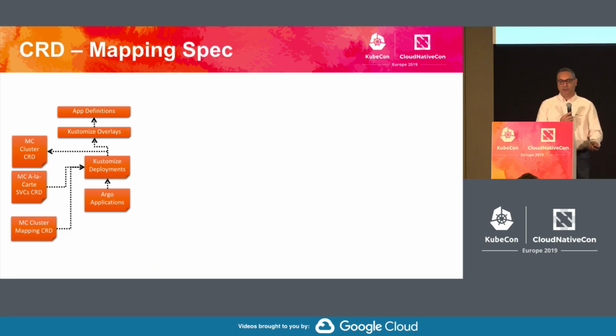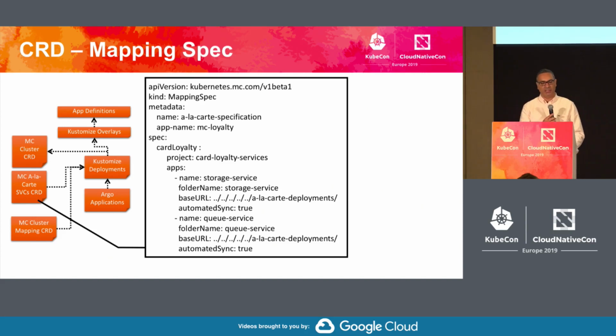So, mapping. This is the other part of the equation. What we're doing here is saying, what applications, what à la carte services you want to bring as part of your own definition. We have the à la carte one, where these are part of the two original CRDs that the application will submit, and they will say, for my particular one, I need this storage service or queue service or whatever it is, which are part of the core services.